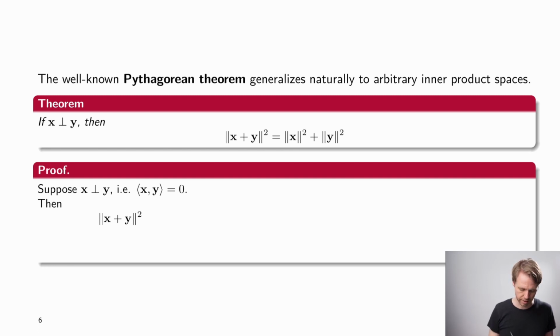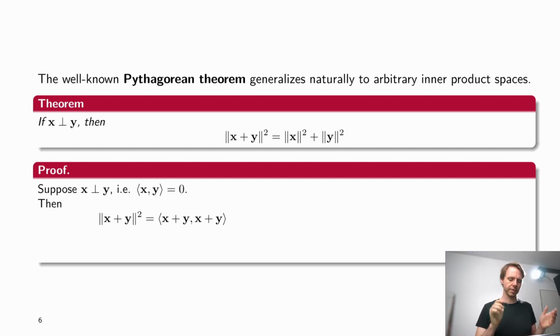Then the squared norm of x plus y equals the dot product of x plus y with itself. Remember, the induced norm by the dot product was the square root of the dot product of a vector with itself. So the square of that is exactly what we have here.